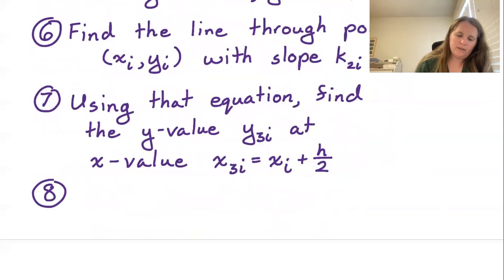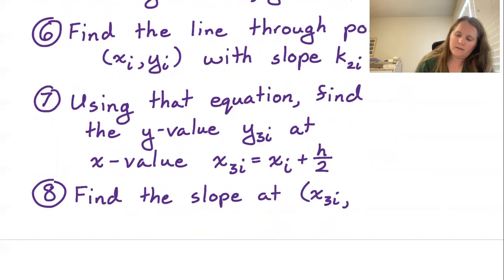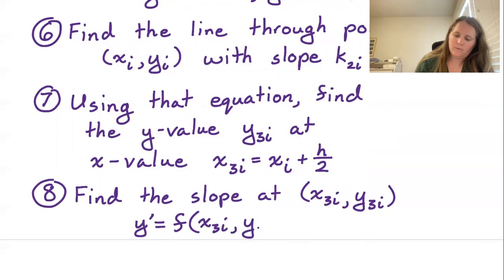Once again, we will find the slope at x3i, y3i. And that'll be y prime equal to f of x3i, y3i, and we will call it k3i.